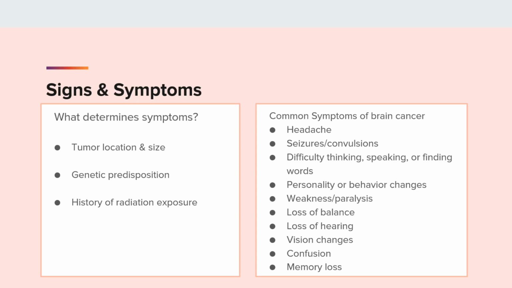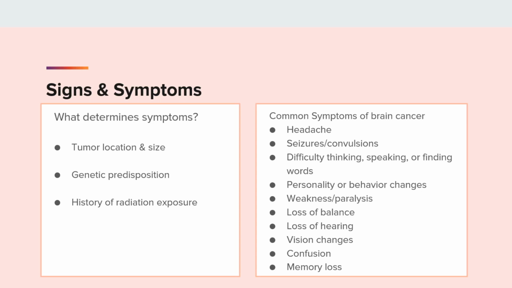Genetic predisposition or family history of brain cancers, personal history of brain tumor, or exposure to radiation in an environmental setting can increase your chances of brain cancer. In general, the most common symptoms of a brain tumor may include headache, seizures, convulsions, difficulty breathing, speaking or finding words, personality or behavior changes, weakness or paralysis, loss of balance, loss of hearing, vision changes, confusion, and memory loss.